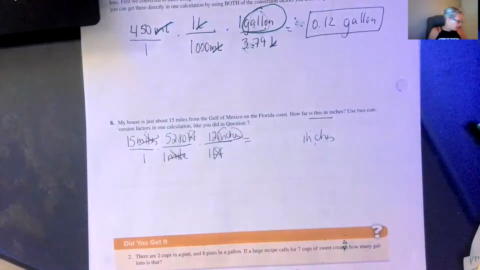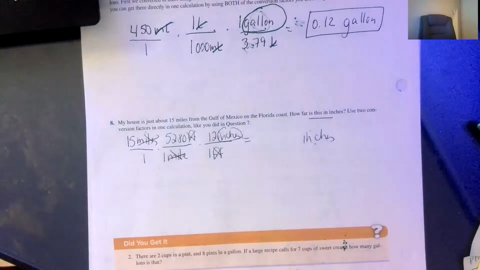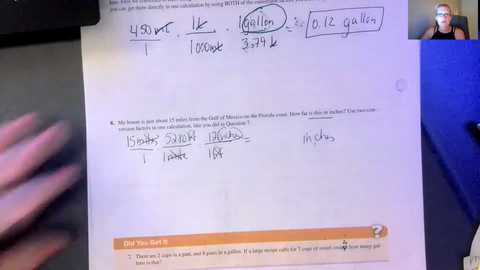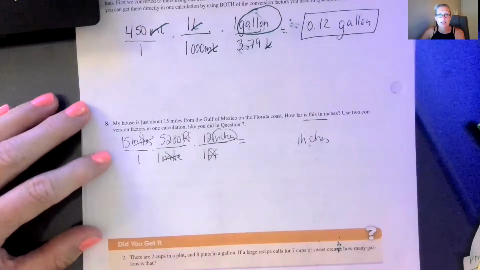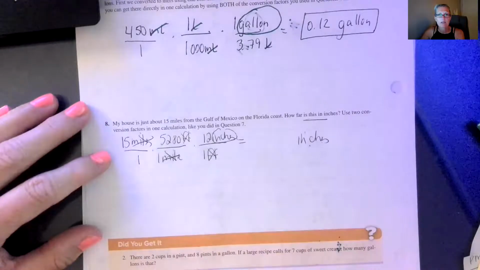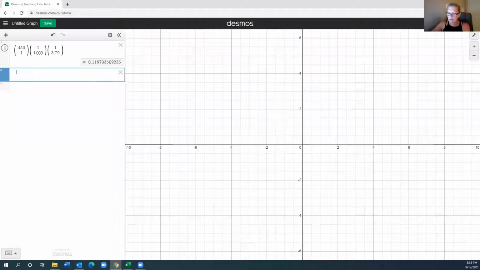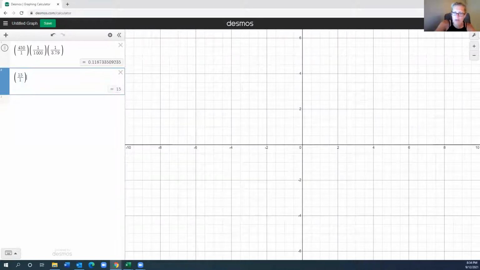So I'm going to show this on Desmos so that you can see that I'm multiplying these fractions. So on Desmos, I've got 15 over 1, and then 5,280 divided by 1.